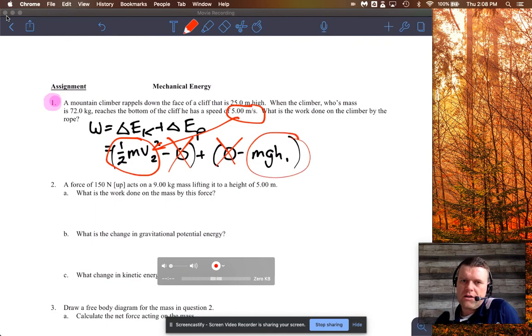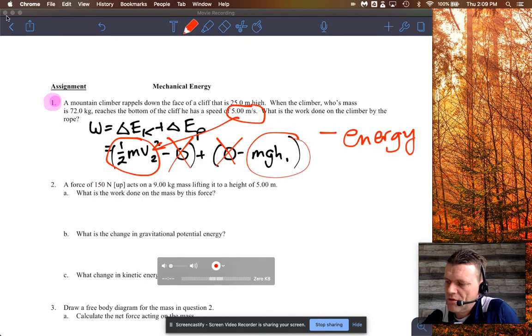Okay, and that would equal the amount of work done by the rope. Now, interestingly enough, you should get a negative energy here. And if you get a negative energy, the implication is that energy was lost.